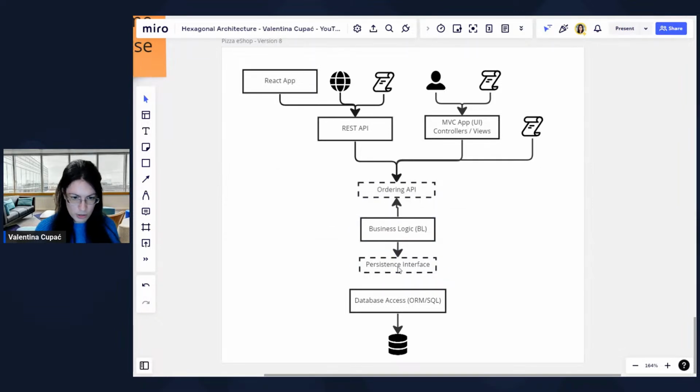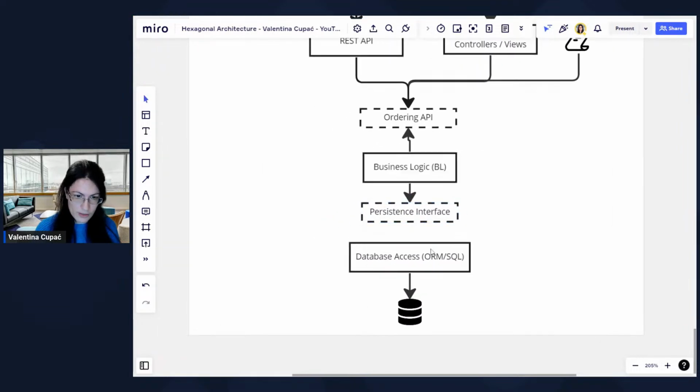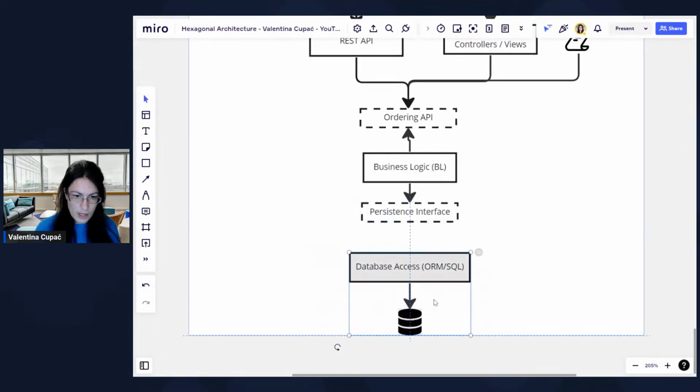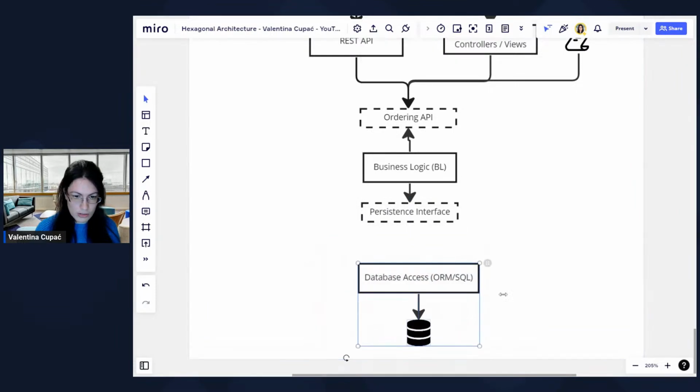So the business logic is now depending just on this interface. And then the choice that we're using a particular database and or SQL, whatever, would simply implement that interface.